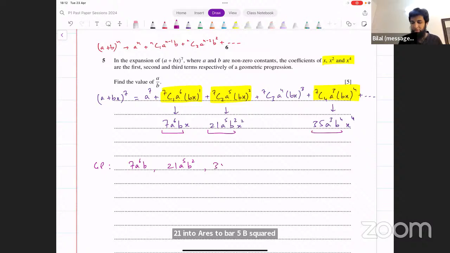And 35 a raised to power 3 into b raised to power 4. That's T1, T2, and T3. These are the first three terms of this GP.